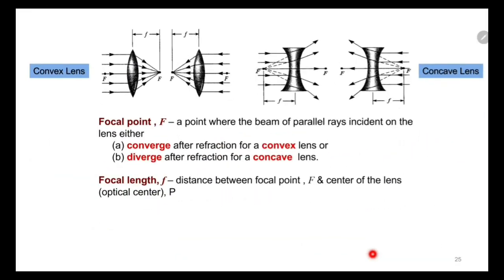Then we have the focal point F. When parallel rays reach the lens, the rays will refract, either converging if it is a convex lens or diverging if it is a concave lens. Focal length is the distance between point P and point F.